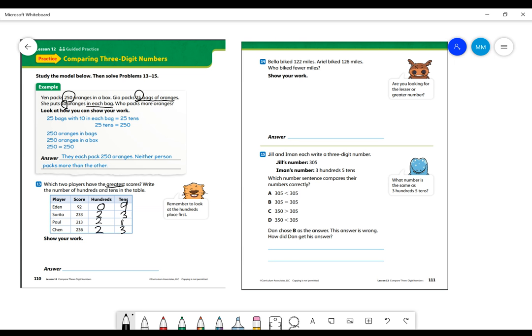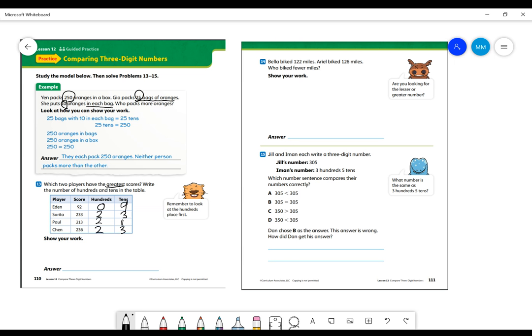Who had the greatest scores? Which two players had the same hundreds and tens? Go ahead and write your answer. You are writing the names of the players. So look at which two players had the same number of hundreds and tens.